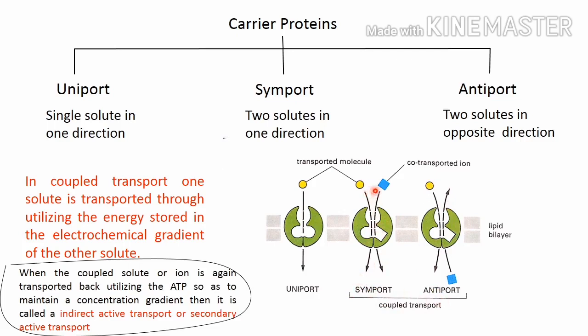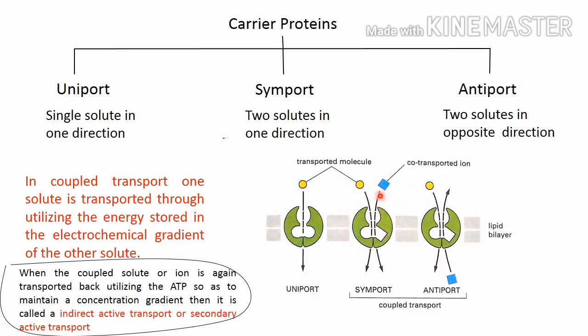It means if this yellow molecule is to be transported from this area to this area, then it is only possible if this other molecule is present. If this molecule is not transported, then the transportation of the yellow molecule will not take place. Similarly, in antiport. So where does the energy for transport come from? It is either their concentration gradient or the concentration gradient of another supporting molecule.